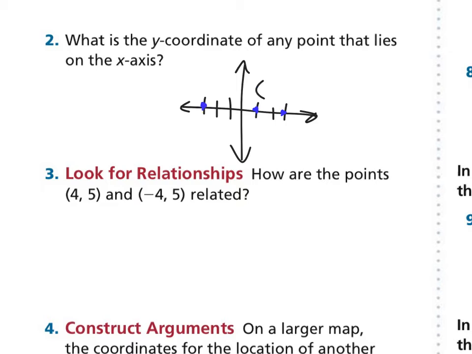Let's look at the coordinates of these points. This one just to the right of the origin would be the point 1, 0. This other one is 3, 0. This one over here is -3, 0. The question was, what is the y coordinate of any point that lies on the x-axis? You can see the y coordinates of all these points are 0.